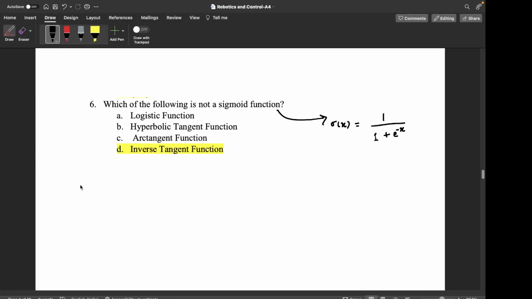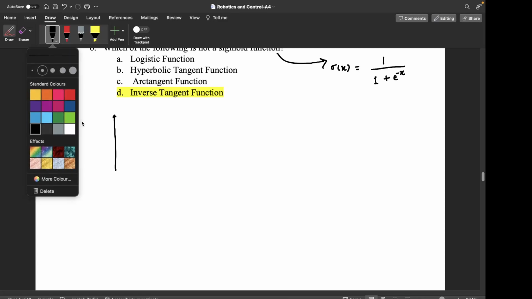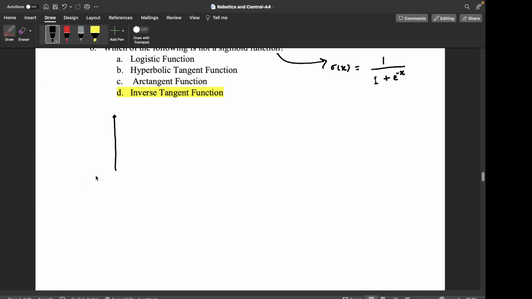Let me draw it here. Let this be the y-axis. This is the x-axis.